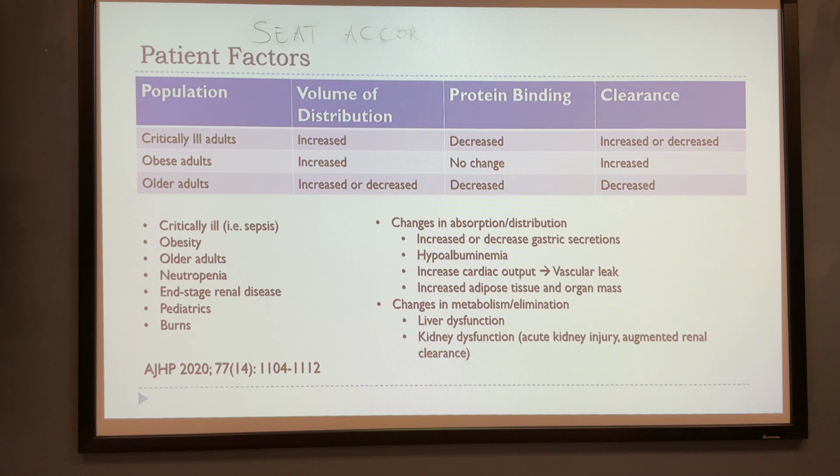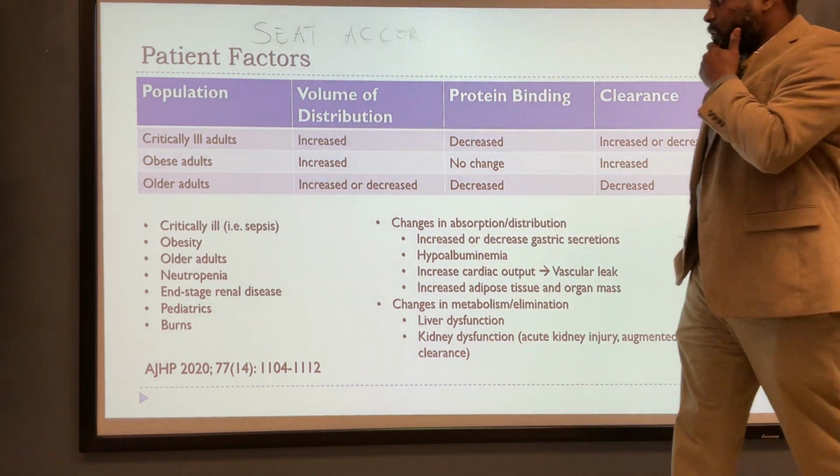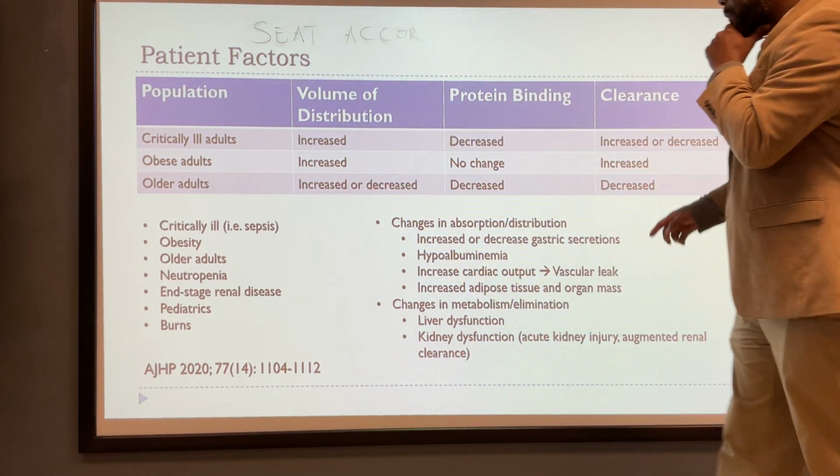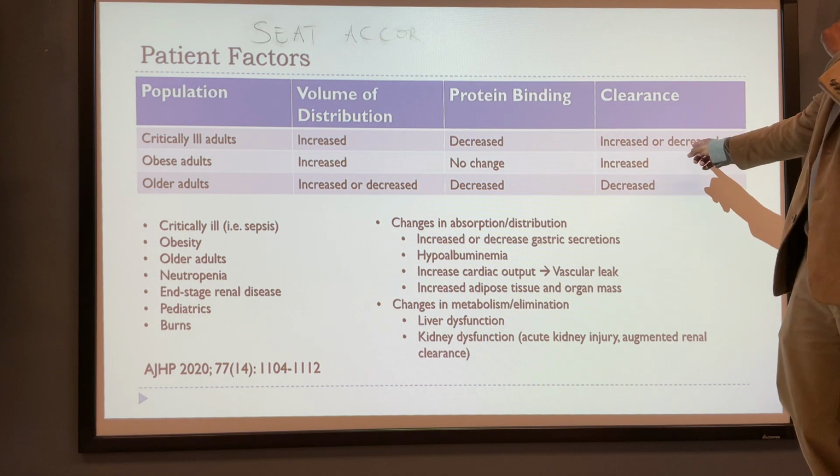You could have decreased albumin, right? So those are things that you want to look at. And you can have increased or decreased clearance. Obviously, if there's an increase in volume of distribution, you would expect an increase in clearance. Why would you expect a decrease in clearance?